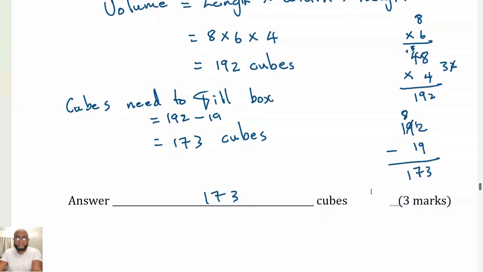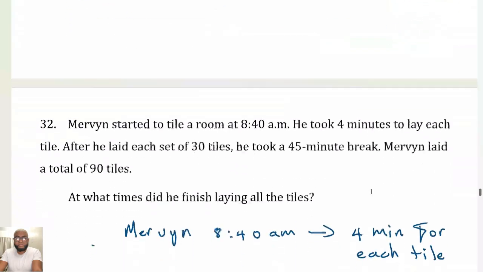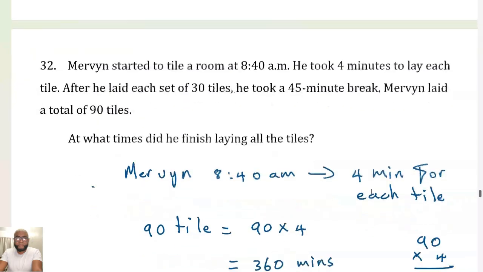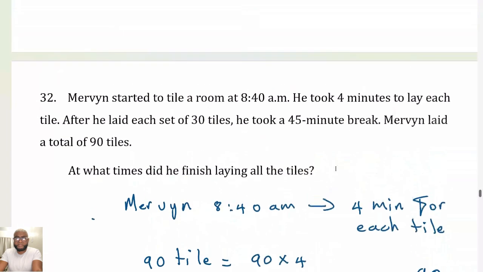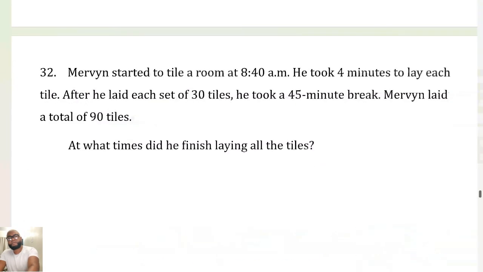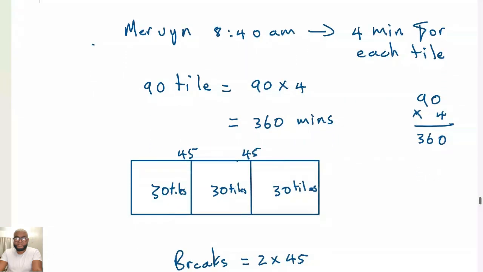So we got 173 cubes. This question was a little tough, but this is what needed to be done. So you could probably let your child try it. And let them try it. And then we're scrolling down. So this is the answer here.